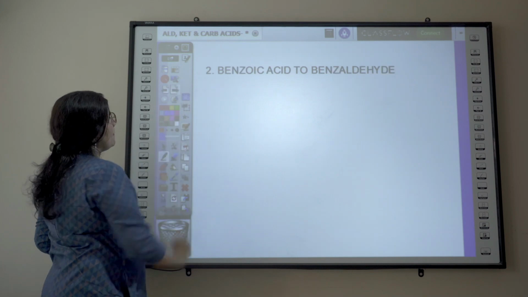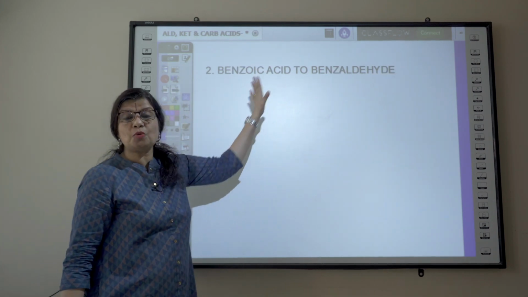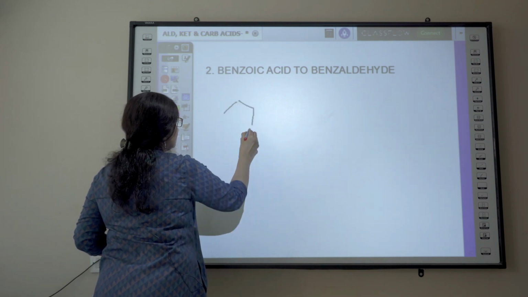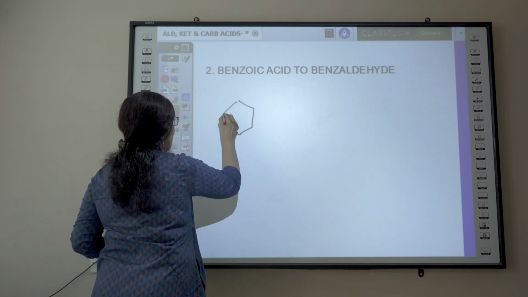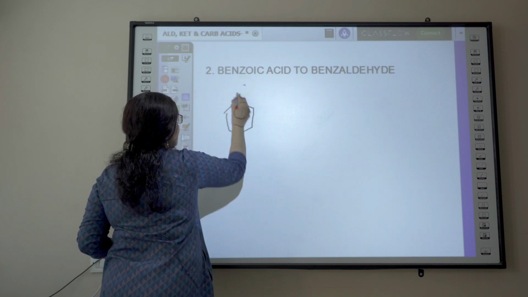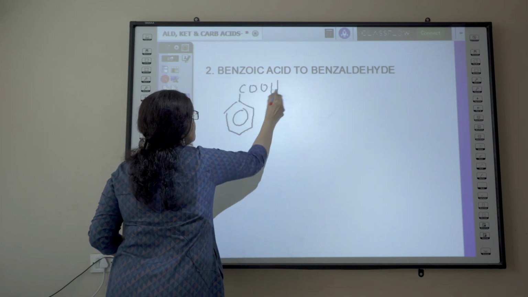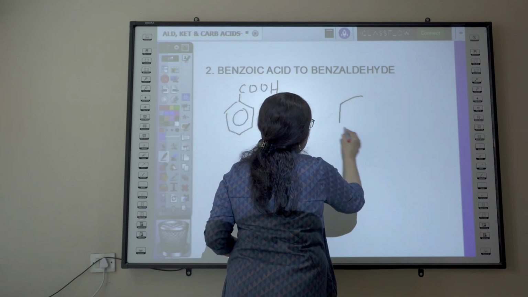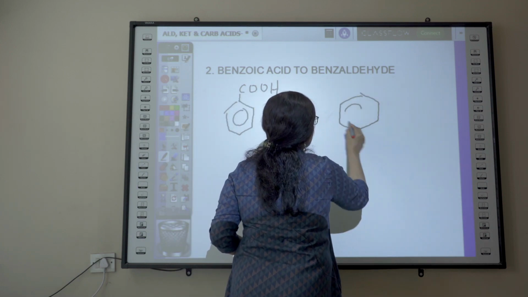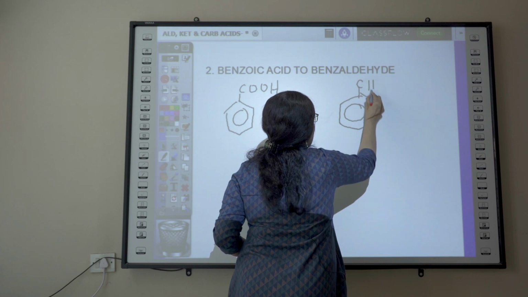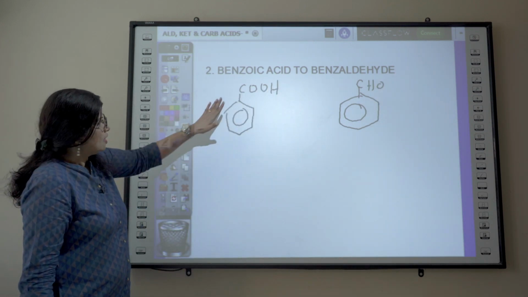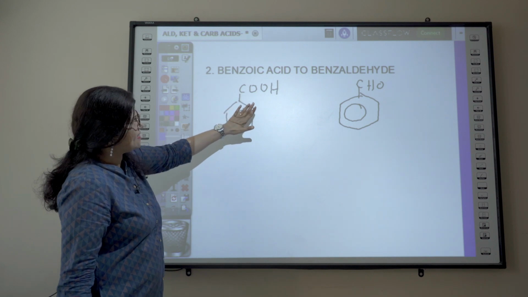The next one, benzoic acid to benzaldehyde. Let's write down the structure of benzoic acid, to be converted to benzaldehyde, C6H5CHO.